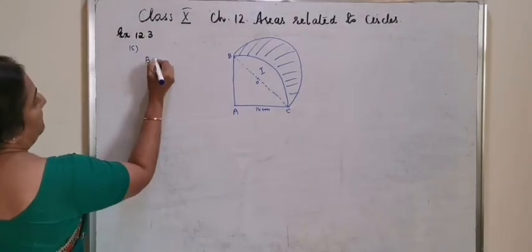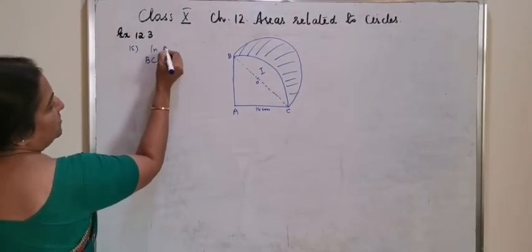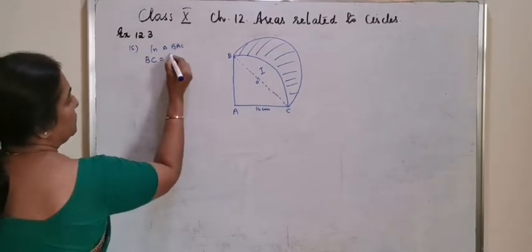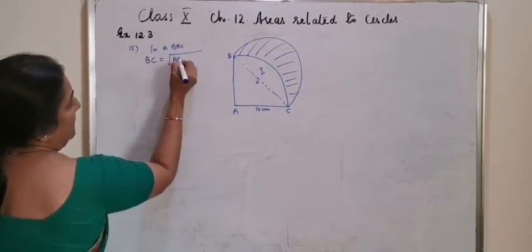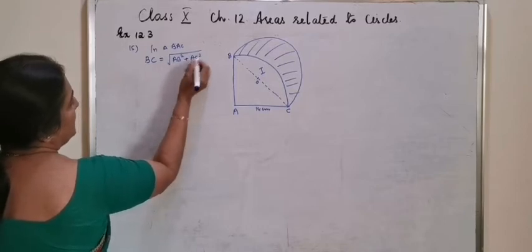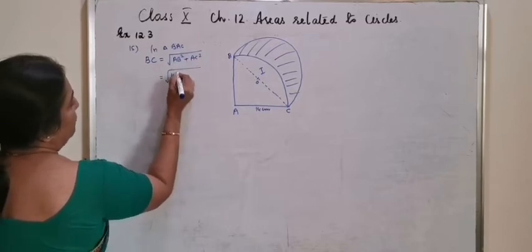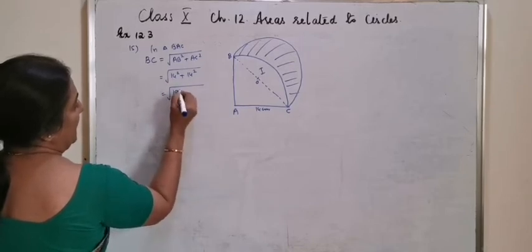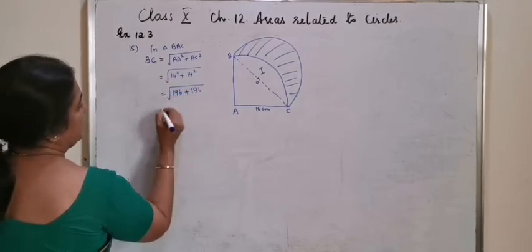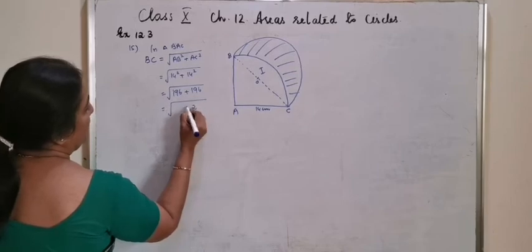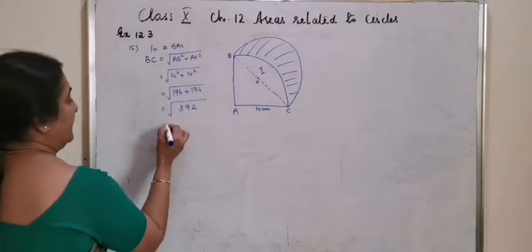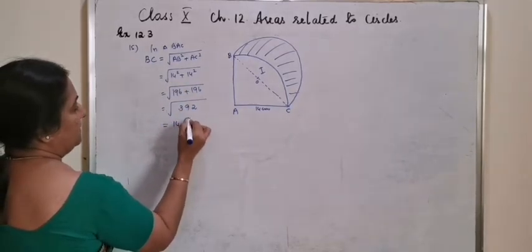And now BC is equal to, in triangle BAC, BC is equal to square root of AB square plus AC square, square root of 14 square plus 14 square, root of 196 plus 196, or it is 392, very well the same as 14 root 2.